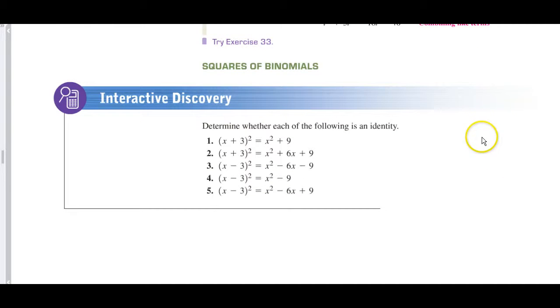Okay, now as we look at these next few, we're asked to determine which of the following is true. Well, this one's not true. This one is true. This is not true. This is not true. This is true.